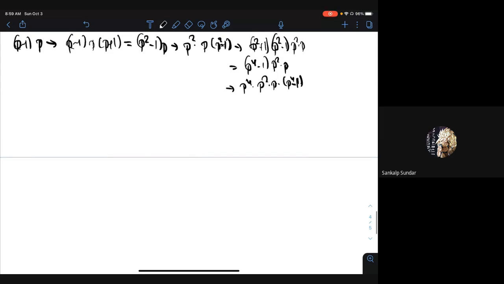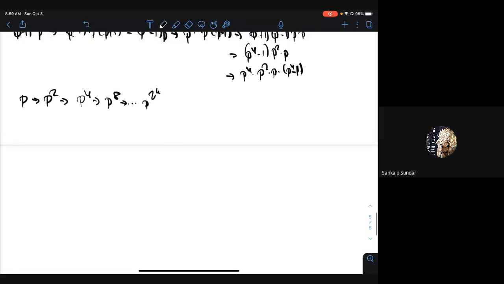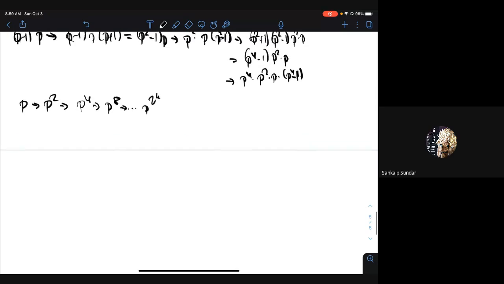But what someone is saying, about saying p, and then you go p squared, then p to the 4, then p to the 8, etc., until p to the 2 to the k. This is also equivalent. It's a constant factor better than what I was saying earlier as well. It's just that this thing is the next step that we're going to do.